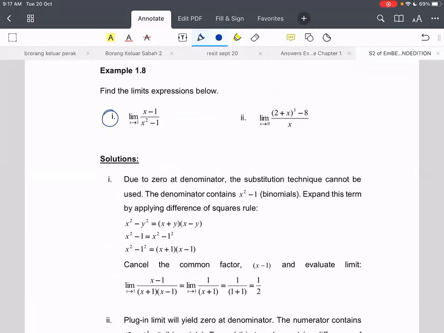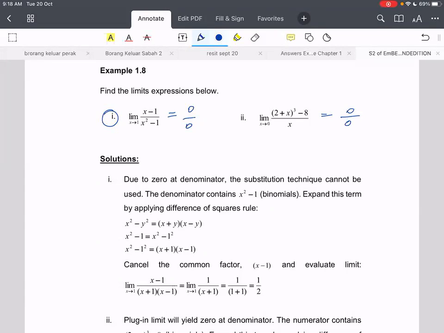If you straight away substitute, direct substitution, you'll get 1 minus 1, 0. This is also 0, betul? How about this one? Ni berapa dapat if you direct plug in? 0/0. Negatif 8/0. This also 0/0 kan?